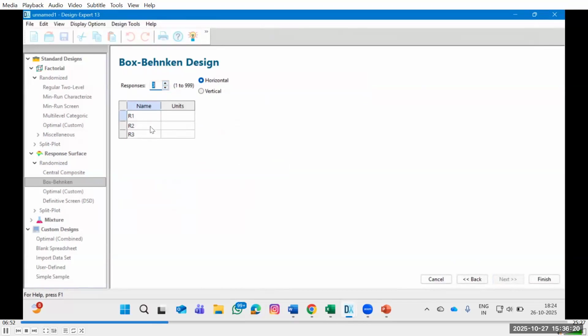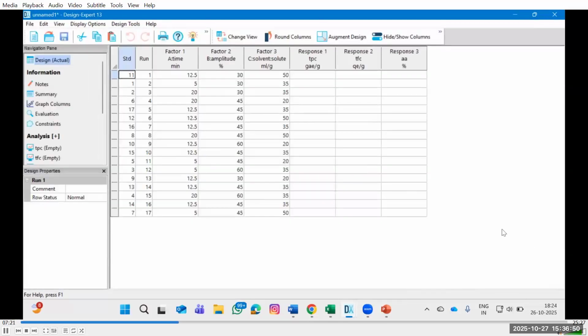Let's suppose 3 dependent variables: total phenolic content, total flavonoid content, and antioxidant activity, and the units as well, like gallic acid equivalent per gram, quercetin equivalent per gram, then antioxidant activity is represented as a percentage. Then we'll go for finish.